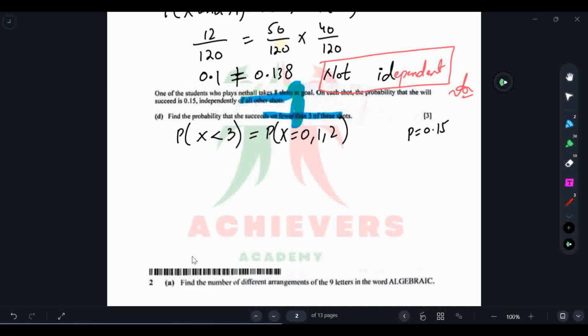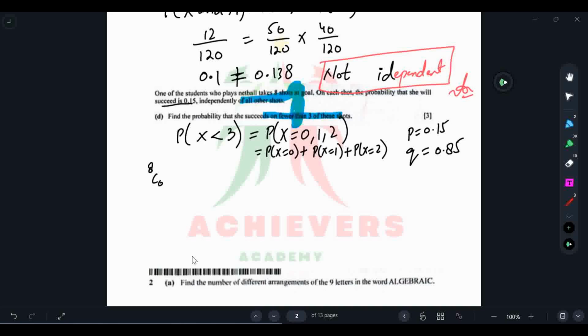It is given here, and definitely the probability of failure will be 0.85. Now we can use the formula, so this will be probability of X equals 0 plus probability of X equals 1 plus probability of X equals 2.